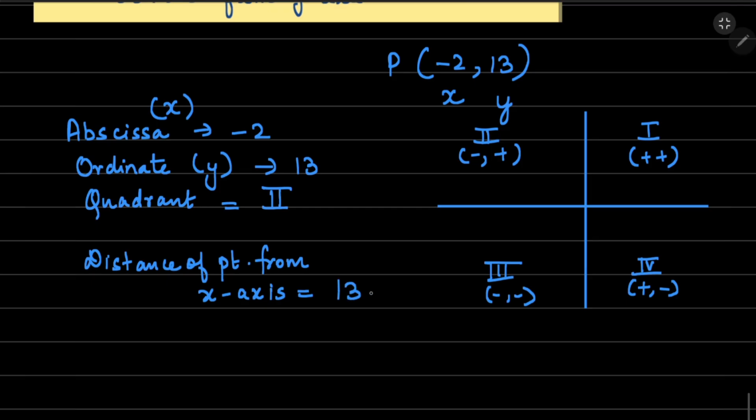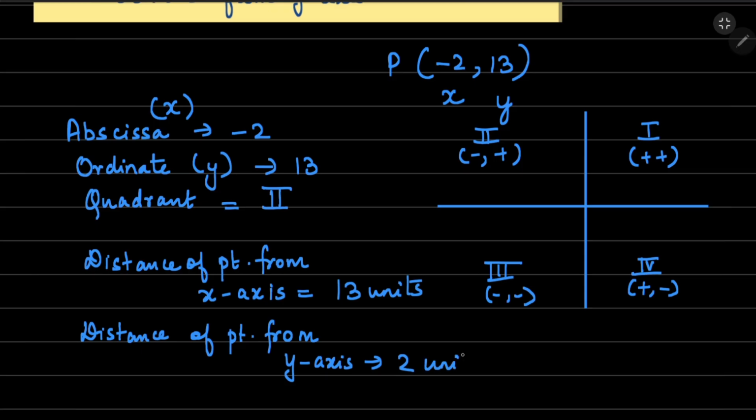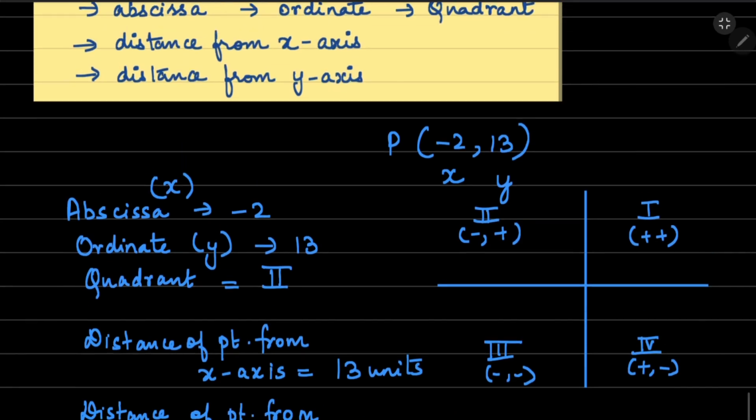So you can just write 13 units. And what is the distance of the point from y-axis? It will be your x coordinate, which is 2. Ignore the negative sign. You can just write 2 units. And that's your answer.